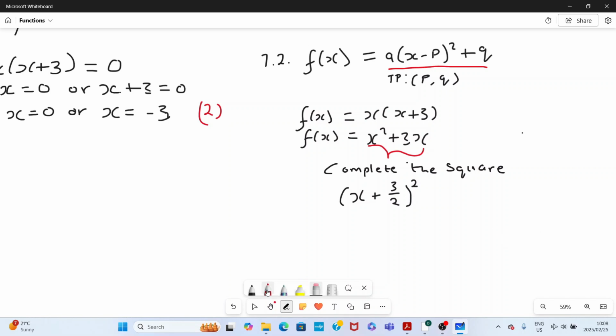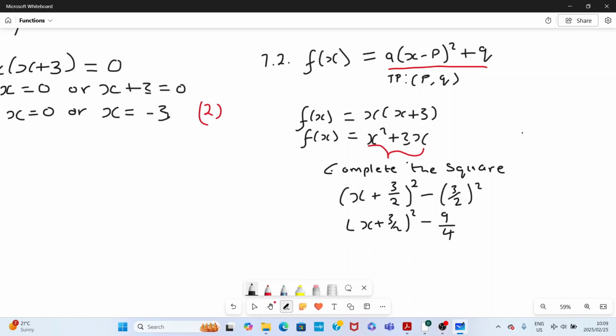So now that we have added it by doing this, we'll have to subtract 3 over 2 squared, right? So that's it. So now to simplify this, we have x plus 3 over 2 squared minus, what's the squared? This will give us 9 over 4.